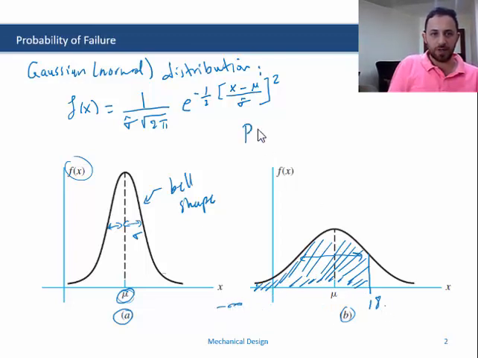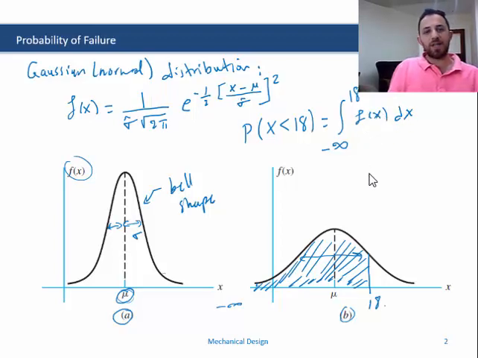So the probability of x less than 18 is the area under the curve, which is the integral from minus infinity till 18 of f of x dx. However, it's easier to use tables in such type of integrations. It makes our life easier and things much faster.